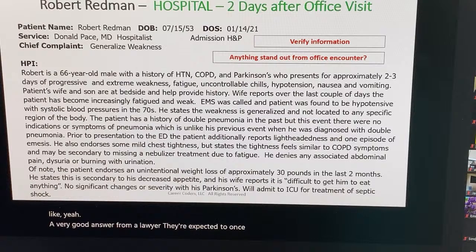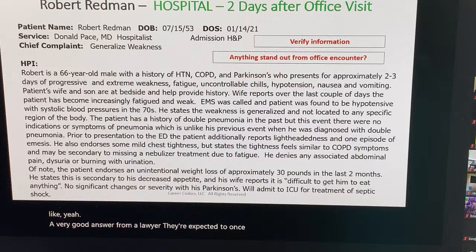Patient's wife and son are at bedside and help to provide the history. Wife reports that over the last couple of months, the patient's become increasingly fatigued and weak. EMS was called and the patient was found to be hypotensive with a systolic blood pressure in the 70s. That's not good.